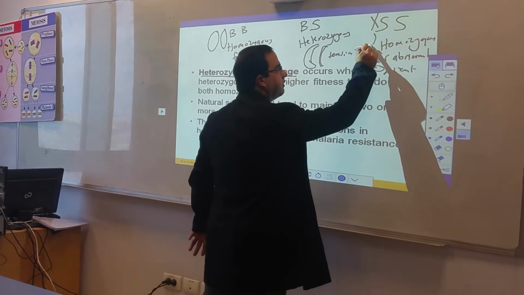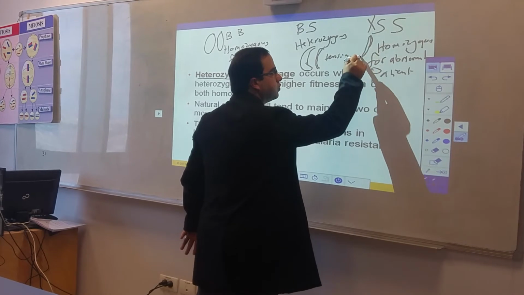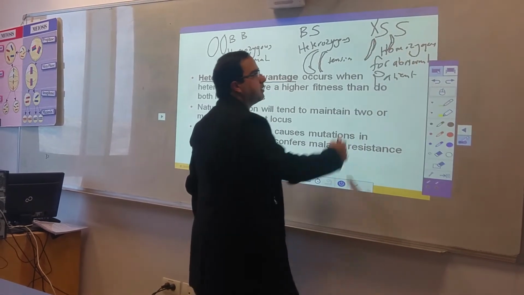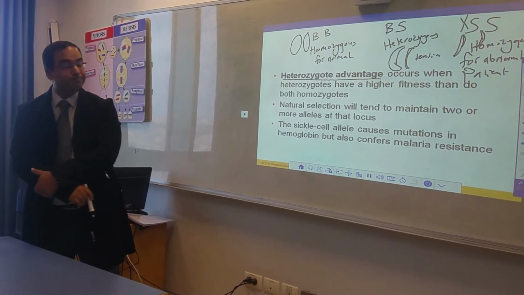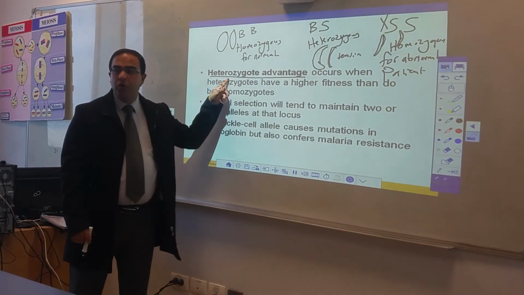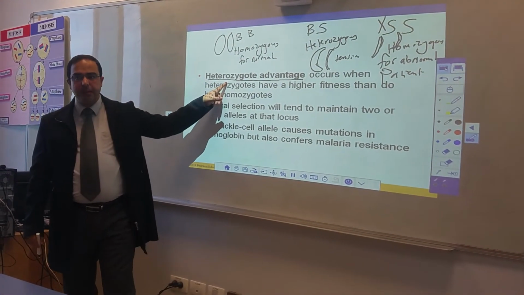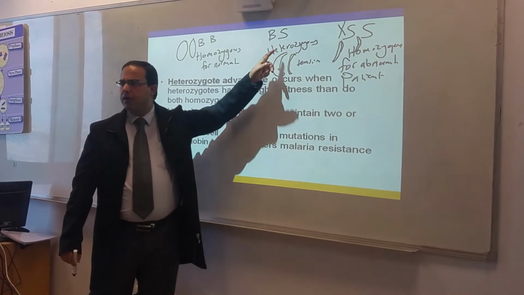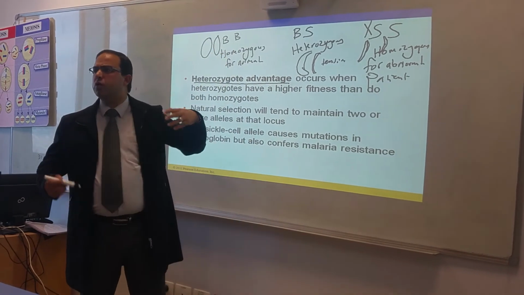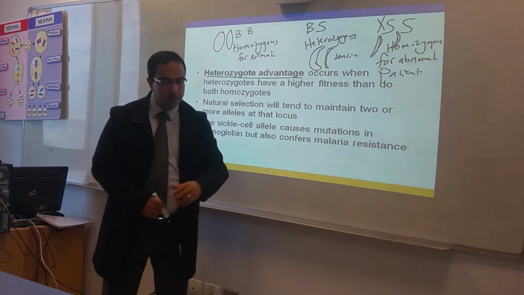And for the sickle cell patient, the red blood cells are sickle shaped all the time. Now, how can we explain that we prefer the heterozygous even though the homozygous normal is phenotypically better?